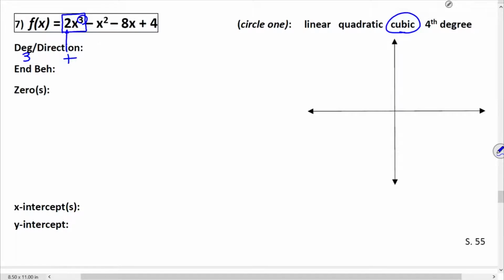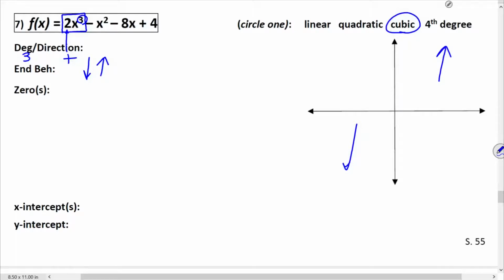So it's an odd degree, and so it switches in the end behavior. It will always end with the sign of the leading coefficient, and so I'm going to end up and start down because it switches. On the left it will go down, on the right it will go up.